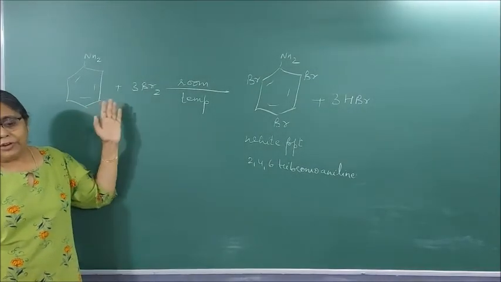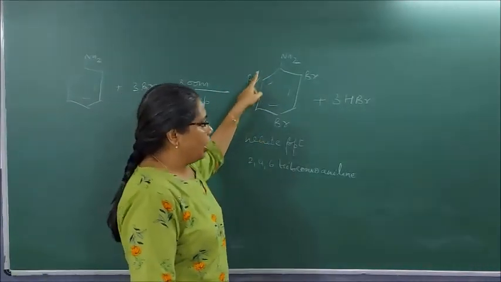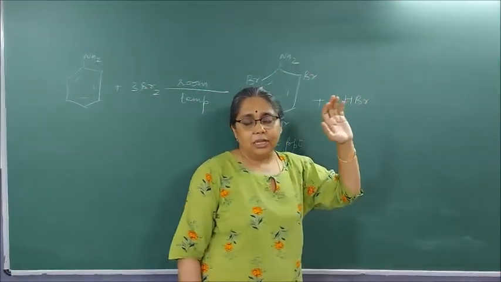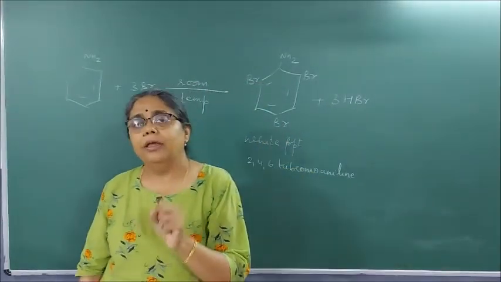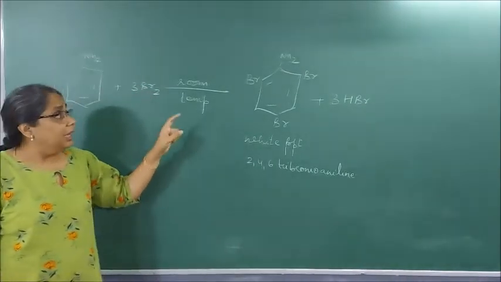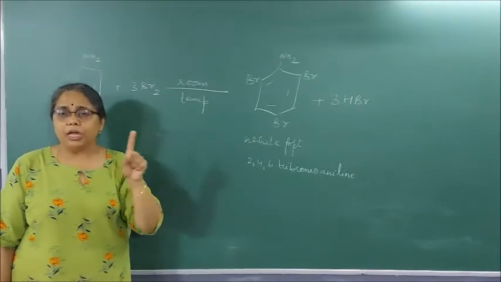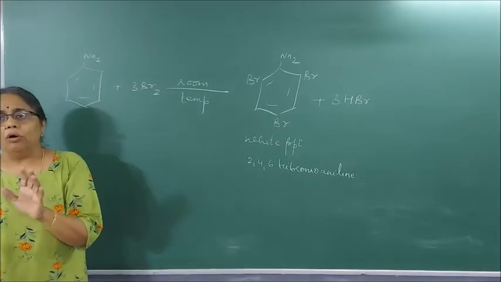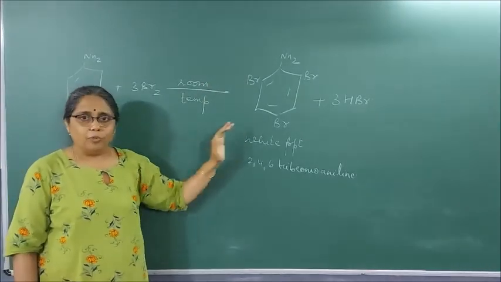So, when aniline reacts with bromine water, it forms 2,4,6-tribromoaniline, and this is used as a confirmatory test of aniline. Now, the problem is that this is a tri-substituted compound. But suppose I want only ortho-bromoaniline, or only para-bromoaniline.